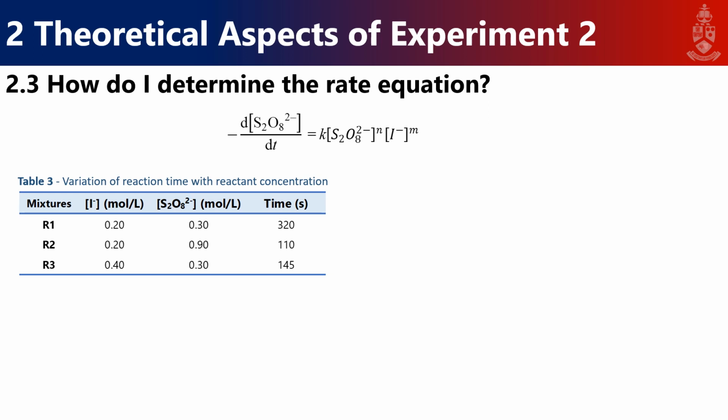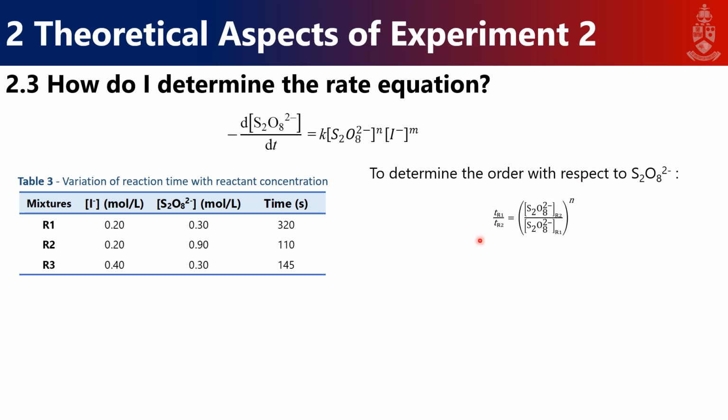So to determine the order then, if you look at experiment 1 and experiment 2, and I look at the initial concentration, my iodide concentration remains constant. So that means the variation in time for the 2 experiments is dependent on the change in the initial concentration of my persulfate.